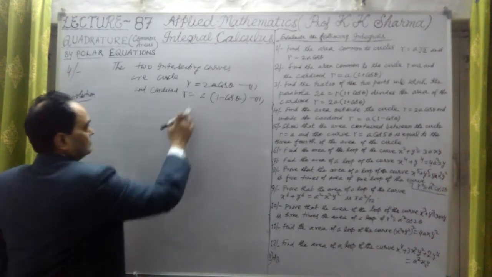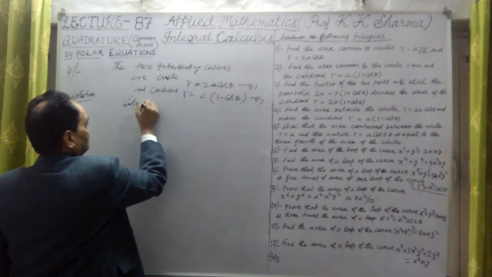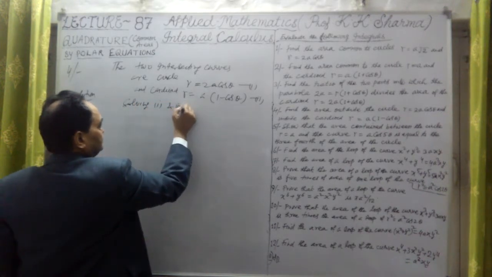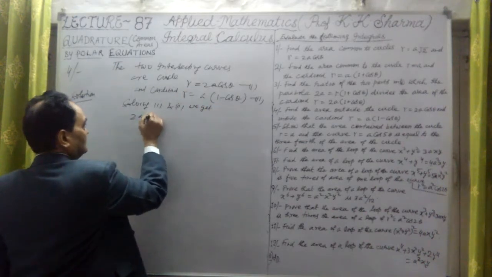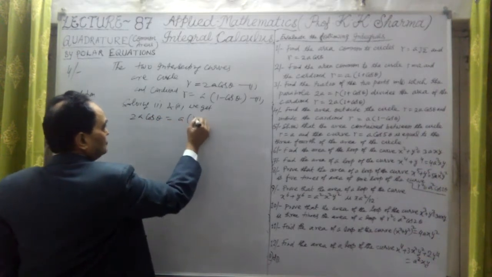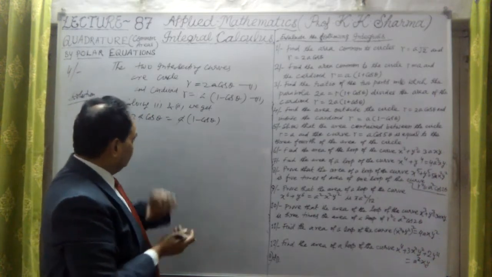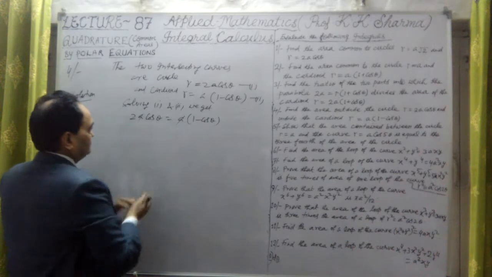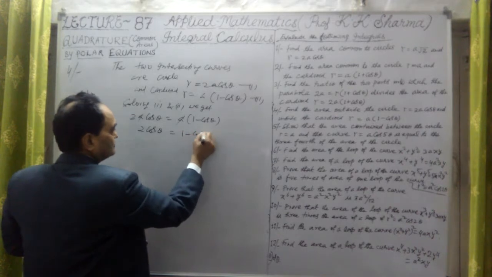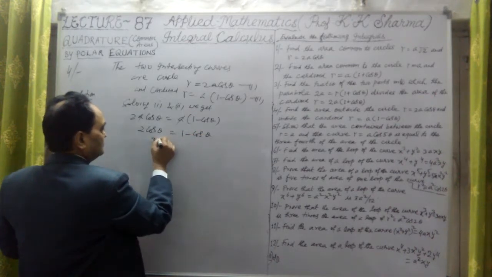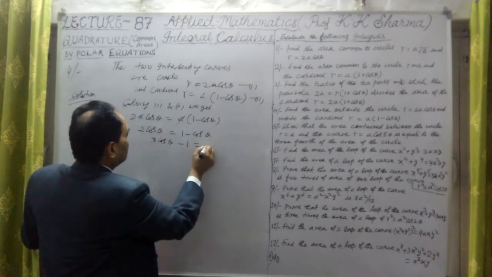So solving first and second, putting the value of r, twice a cos theta is equal to a into 1 minus cos theta. a cancels out. So 2 cos theta is equal to 1 minus cos theta. Now 3 cos theta minus 1 equal to 0.